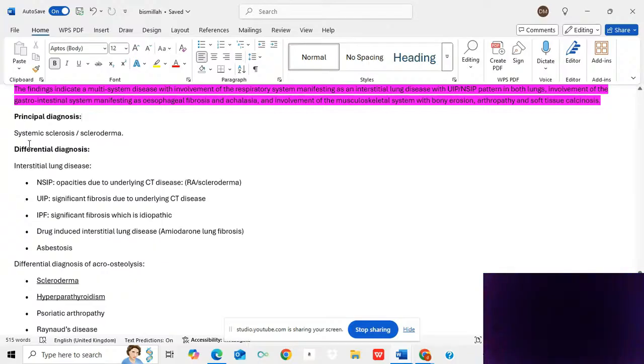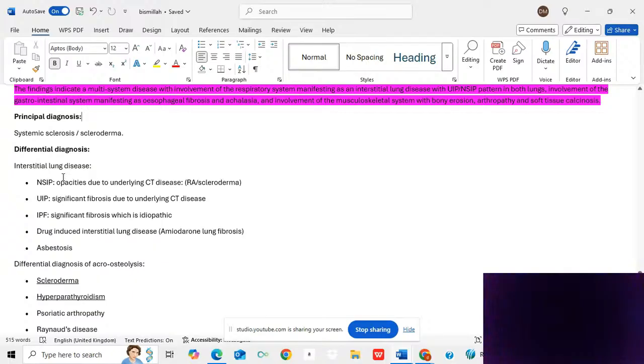The differential diagnosis of the interstitial lung disease is either non-specific interstitial pneumonia. What is the difference between non-specific interstitial pneumonia, usual interstitial pneumonia, and idiopathic pulmonary fibrosis? I've mentioned them previously.